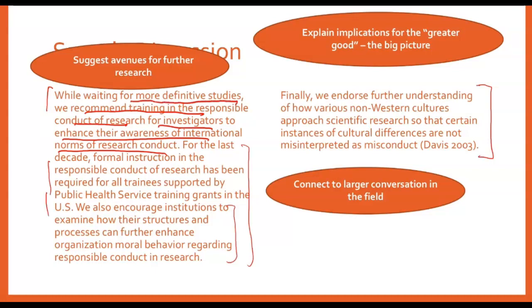The authors end this article with suggestions for the larger implications for the field of research and avoiding research misconduct. So again, to think of that triangle, right, we're in the very broad part here. So just to show you a slightly different way to structure a discussion.